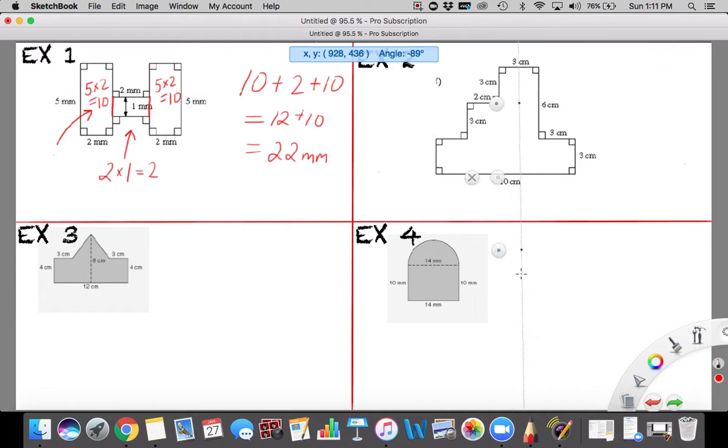So I take this shape right here. You can do it top to bottom, side to side. It's up to you. And I'm going to draw a line there. I'm going to draw a line here.